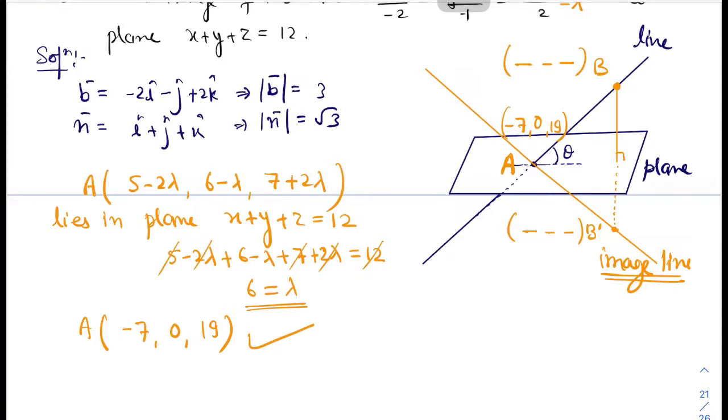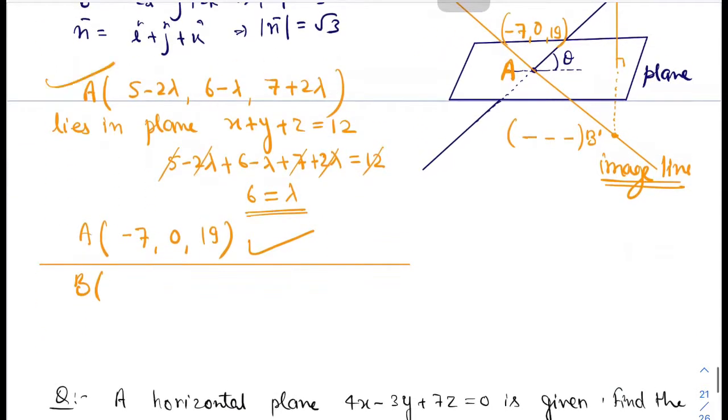Okay, so what we can do is get this B point, because this is any general point on the line, no? If we put any value of lambda, we are going to get one point. Just put lambda equal to 0, or your choice, you can put whatever you like. If I put lambda equal to 0, I am going to get 5, 6 and 7.